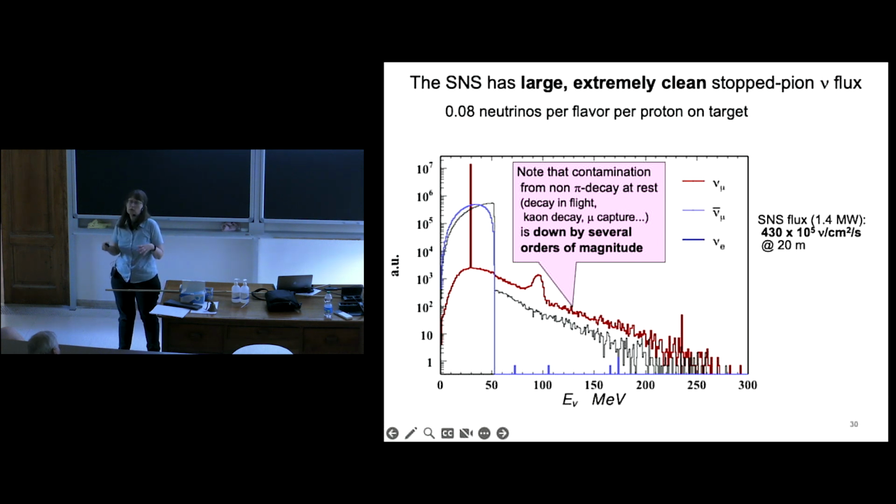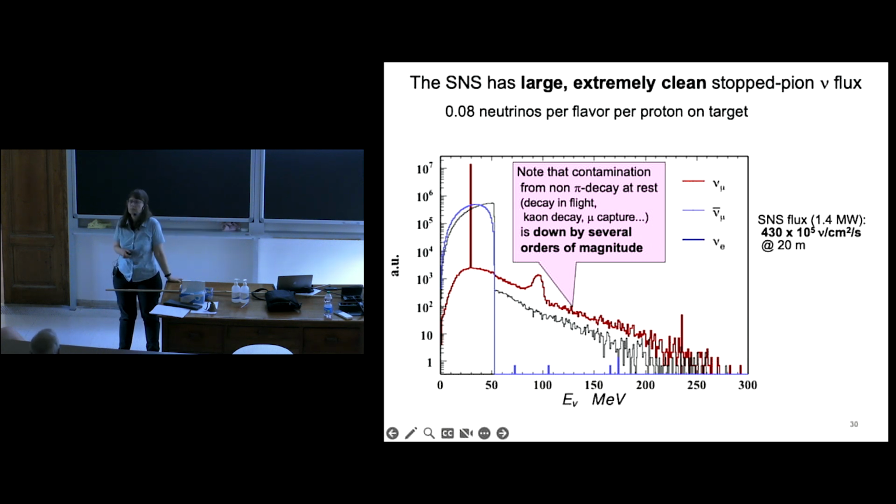You can turn that to your advantage, because this is another monochromatic line that can be used for physics purposes. So it depends what you want to do. For the physics that we're going after, our ideal is a lovely, clean, scruff-free spectrum. We can live with this at the 1% level. This is not a problem.